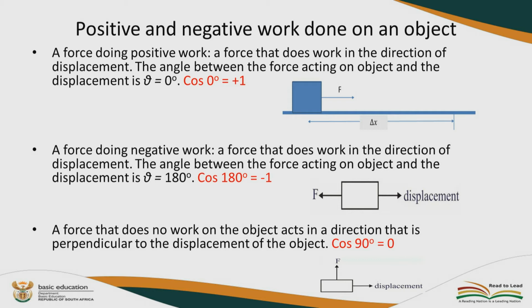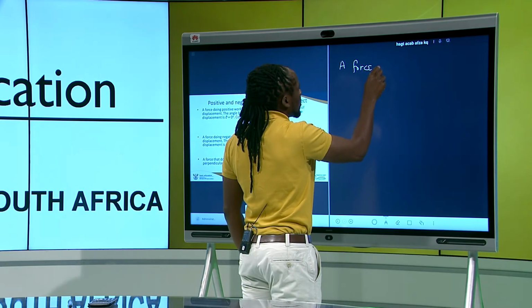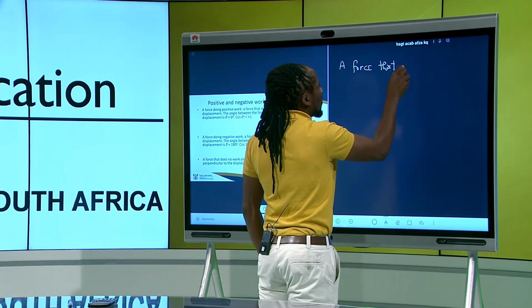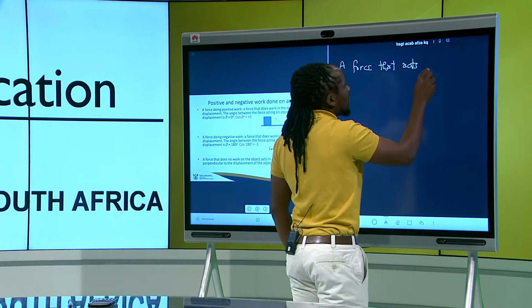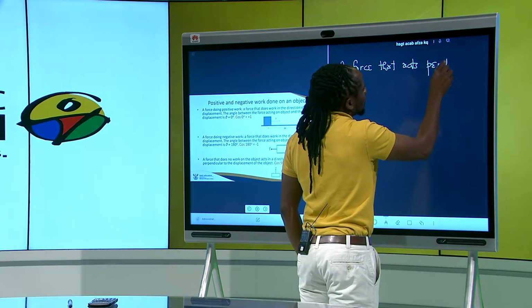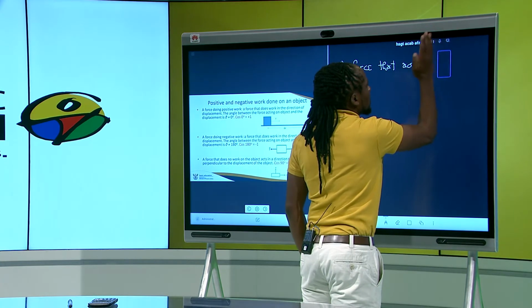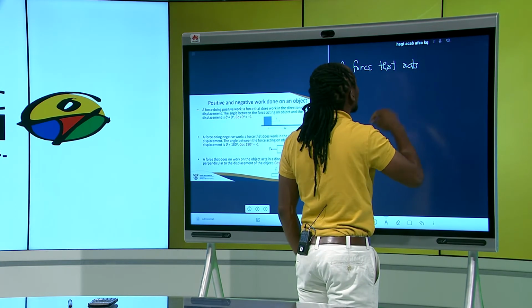So in summary, as far as no work done by a force acting perpendicular to the object, geometrically, obviously, it's at an angle of 90 degrees.